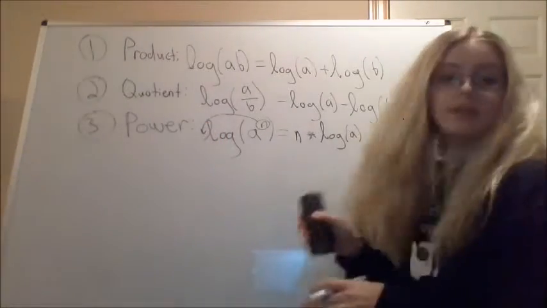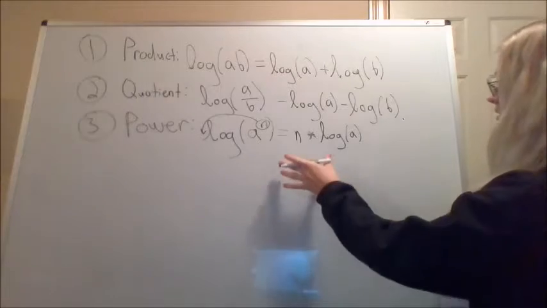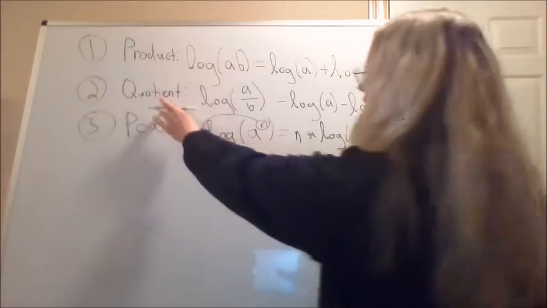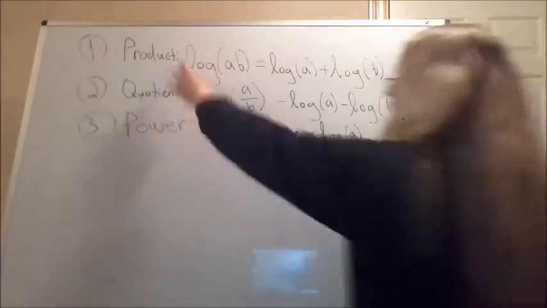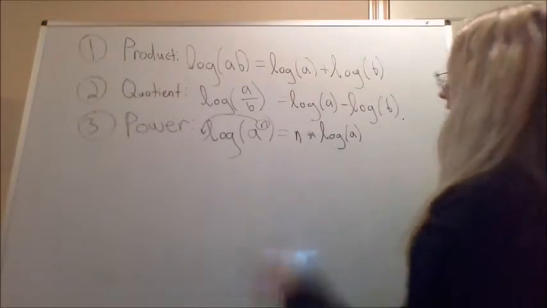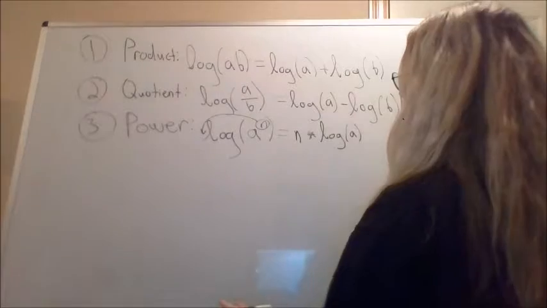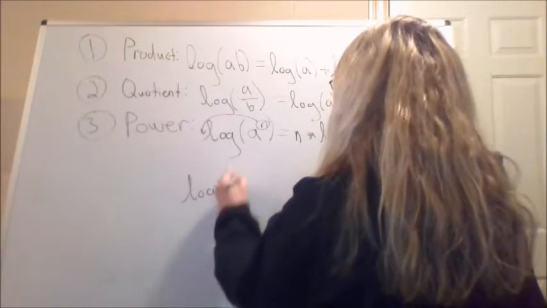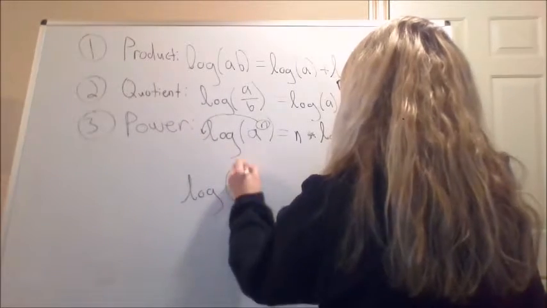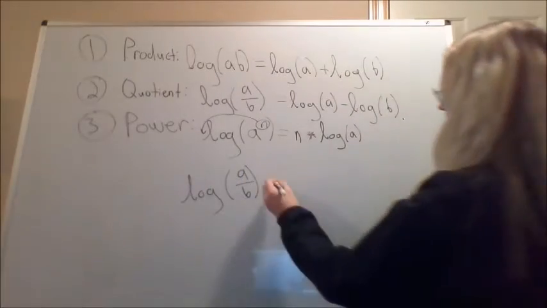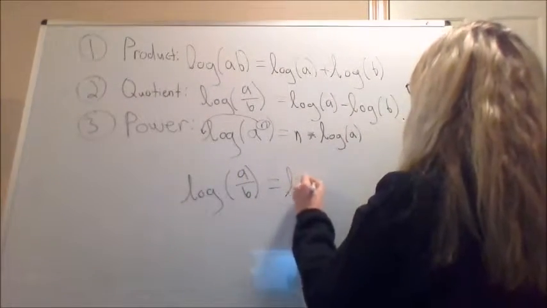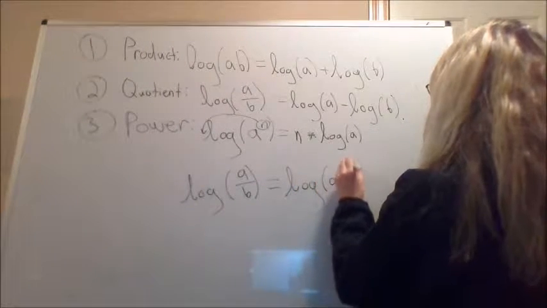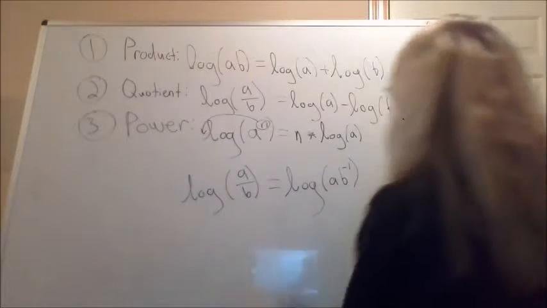And so one thing that you can do with these three rules, which is really cool, is you can actually get the quotient rule from the product and the power rule. What I mean by this is if you start off with log of a over b, you can rewrite this as the log of a times b to the negative first from our rules of exponents.